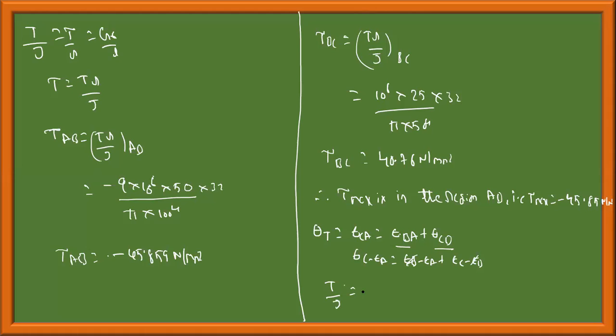T by J is equal to tau by R is equal to G theta by L, or theta is equal to TL by GJ.